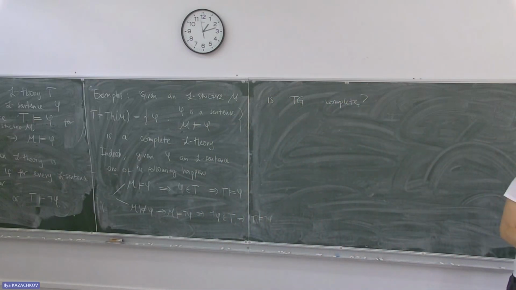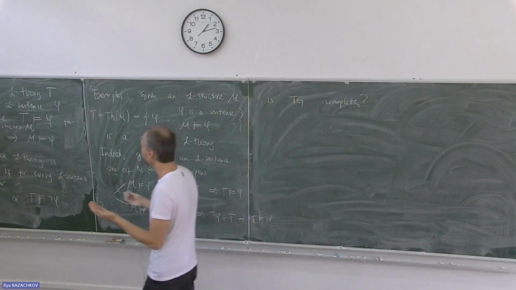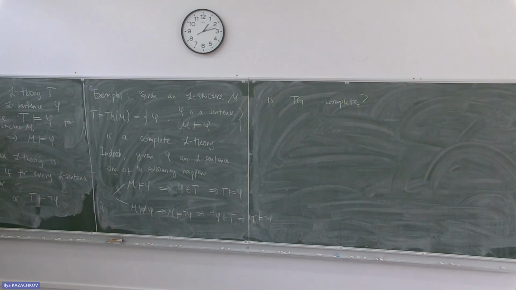You can prove incompleteness by constructing two models. Exactly. We should construct a model that satisfies T and does not satisfy a given sentence, and another model that satisfies T and satisfies the negation, right? So we need two models of TG, so two groups.